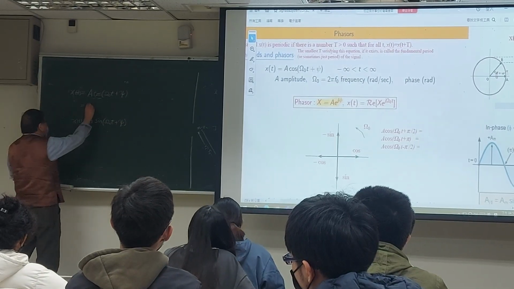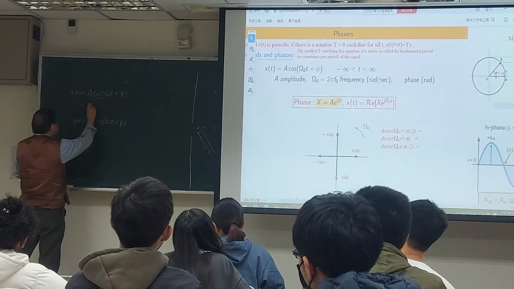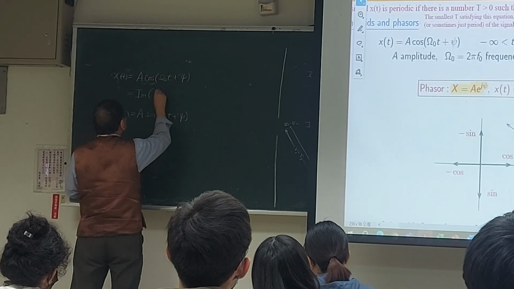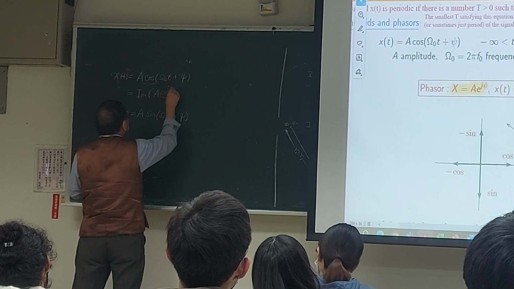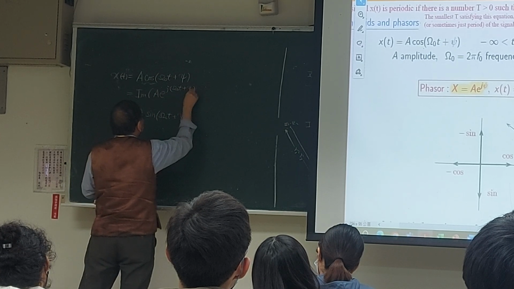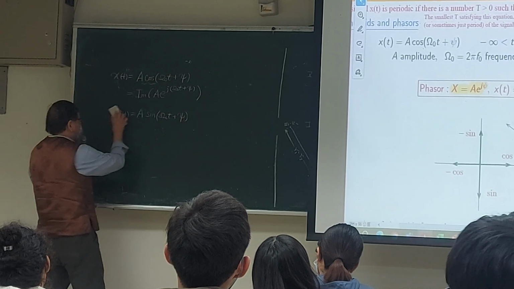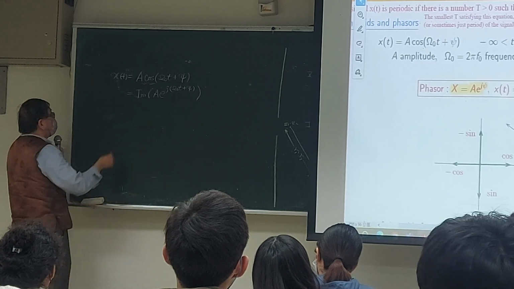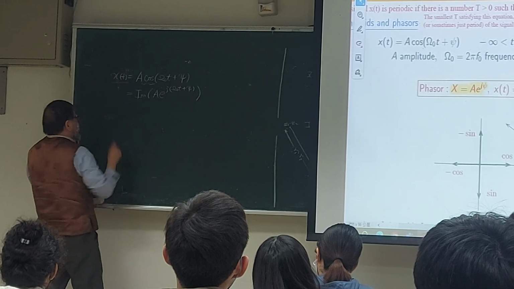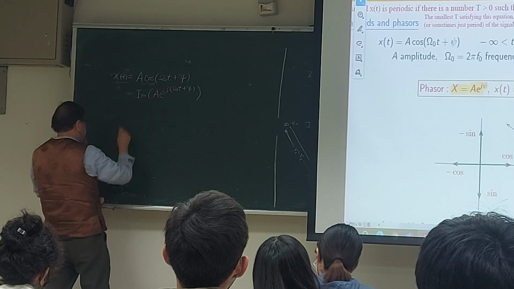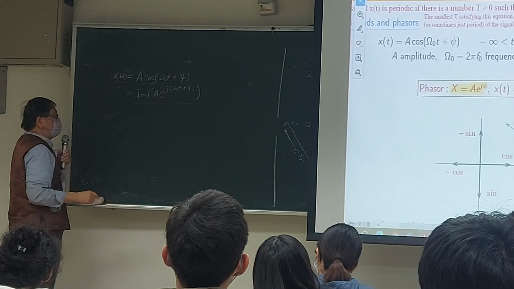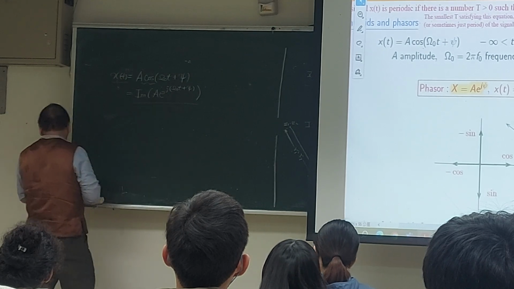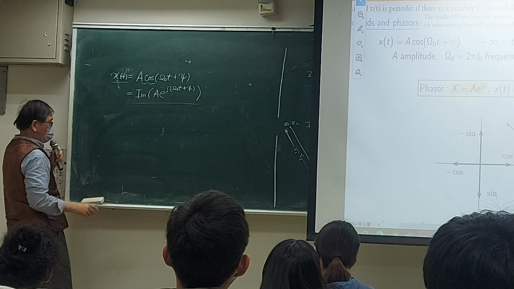This can be written as the imaginary part of A times e to the j times (omega sub 0 times t plus psi).